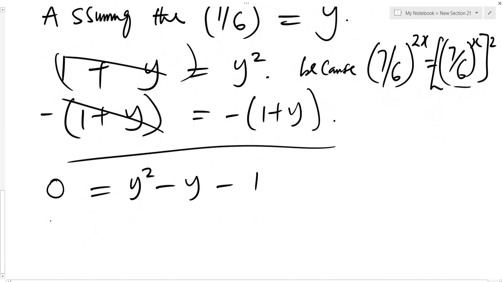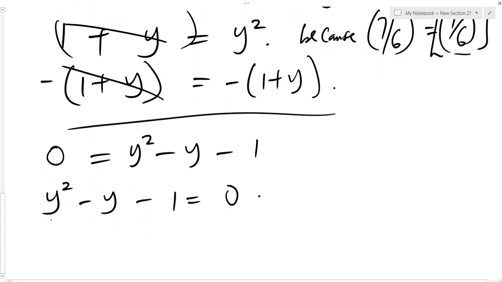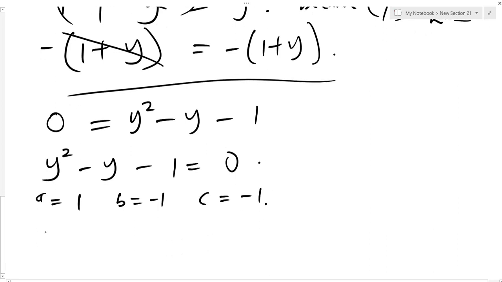So this expression is now y to the power of 2 minus y minus 1 is equal to 0. So the coefficient of y to the power of 2, which is a, is equal to 1. The coefficient of y is b, equal to minus 1. The constant c is minus 1.